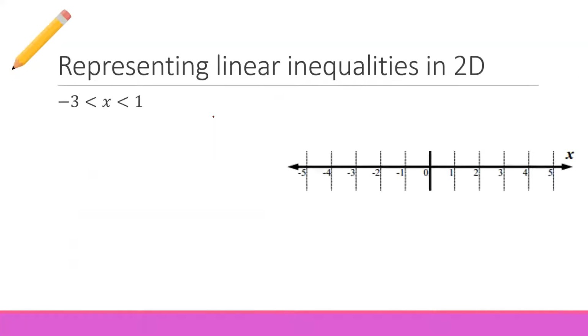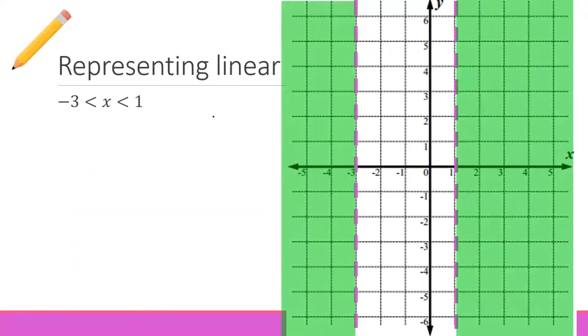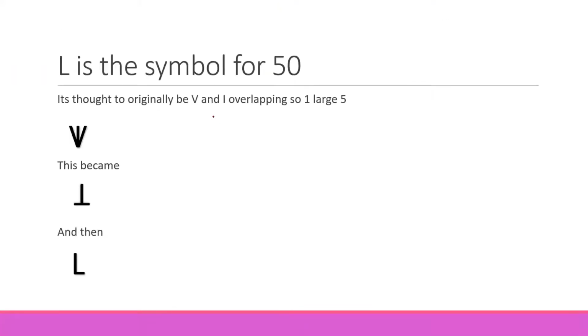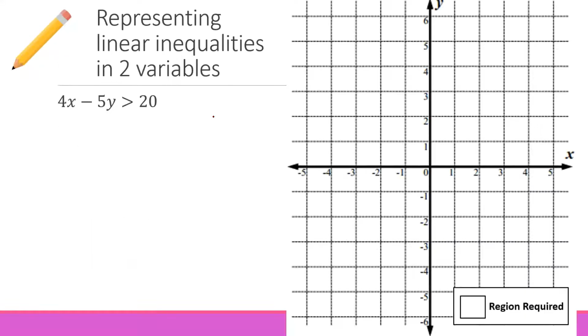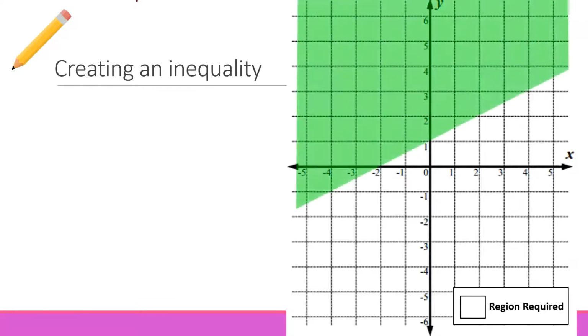Then we dealt with one-dimensional inequalities, when you only have one variable. Then we had 2 variables, which gives us lines that go up at an angle, like this.